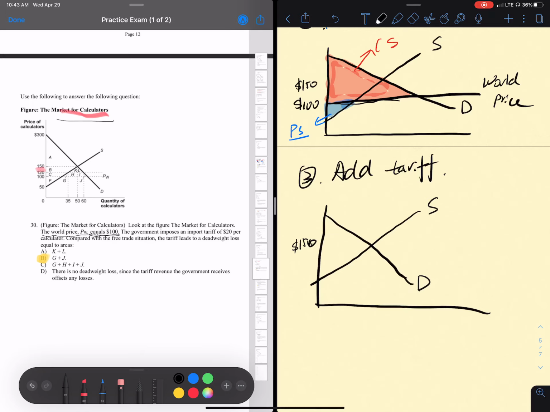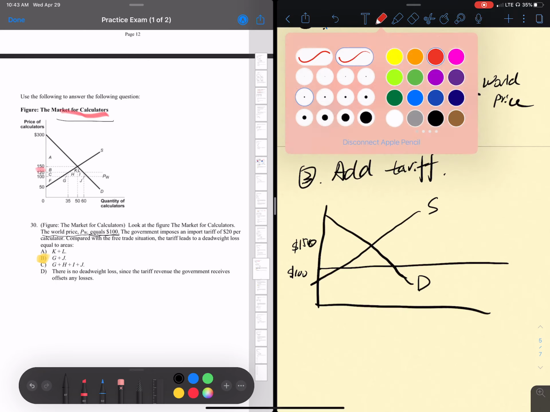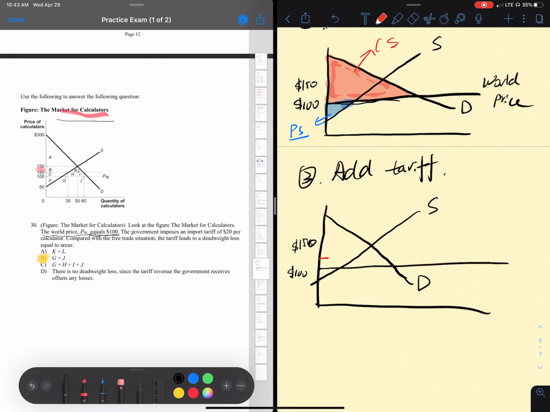But before, the world price was just 100. Right now the government adds a $20 tariff. So what is the price for the calculator made in China? It's 120 right now.